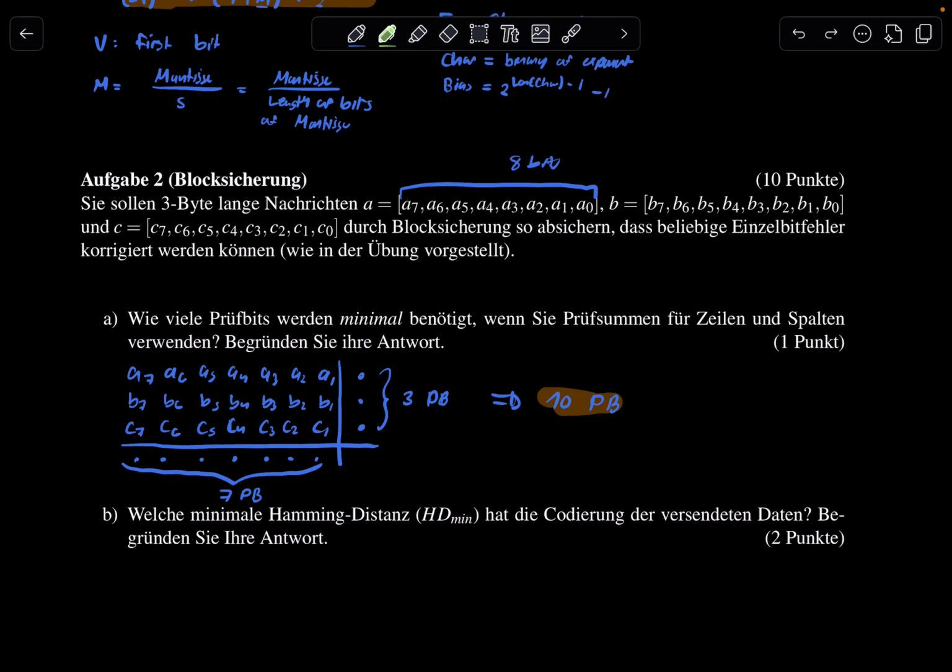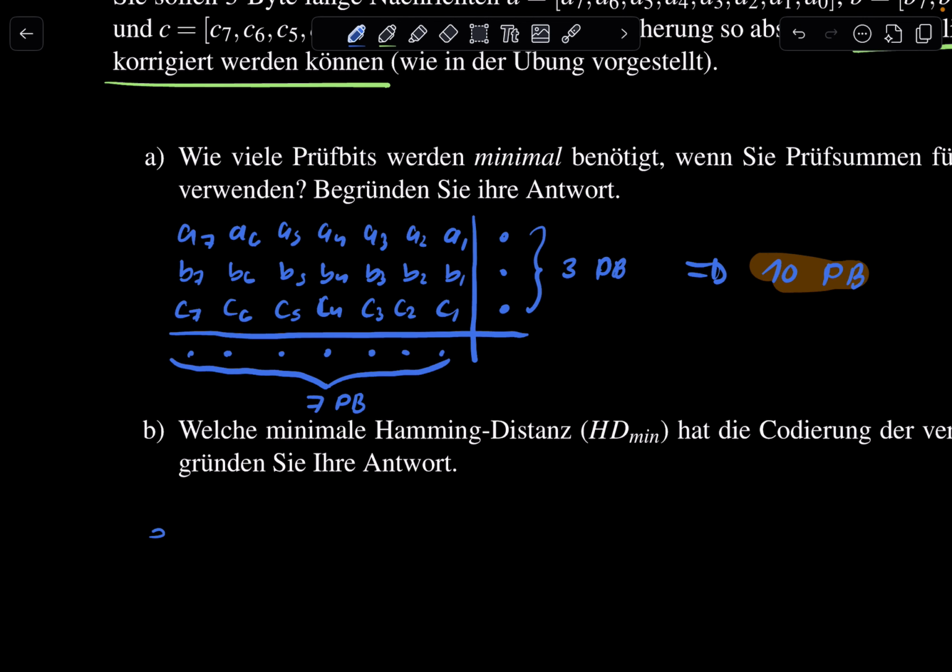We have to remember this: beliebige Einzelbitfehler korrigiert werden können. So in this case, we need a Hamming distance so we can find and fix a single bit error, and we know that e fix is given by (d minus 1) over 2.